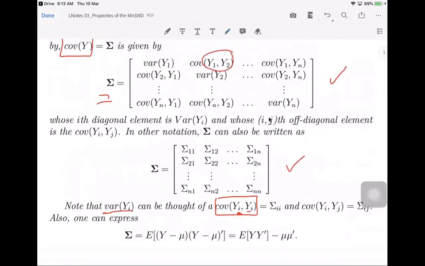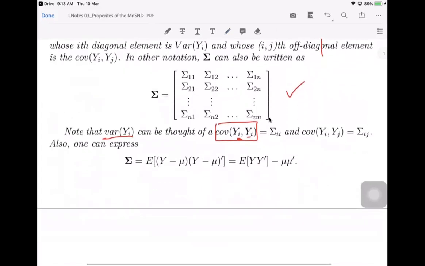The covariance of yi, yi is actually the variance of yi. In general, the variance of yi can be written as sigma ii, and otherwise, if yi is different from yj, it is sigma ij.